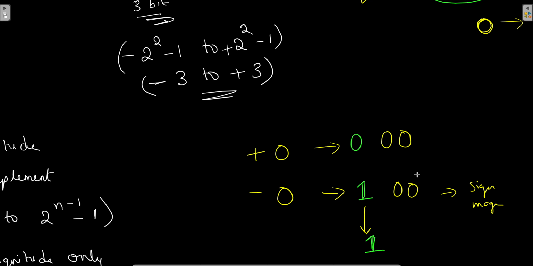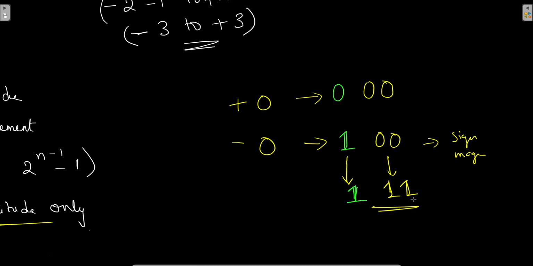When I complement 0 0, we get 1 1; the complement of 0 is 1. I am complementing 0 with 1, 0 with 1. Now I get the ones complement representation: for positive plus 0 I get this, and for negative I get this.